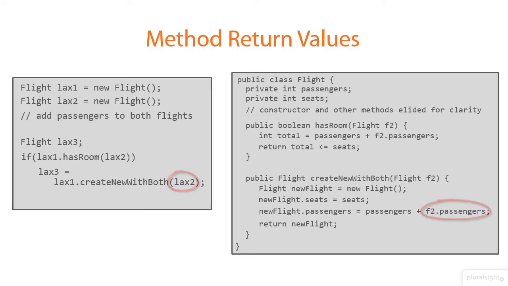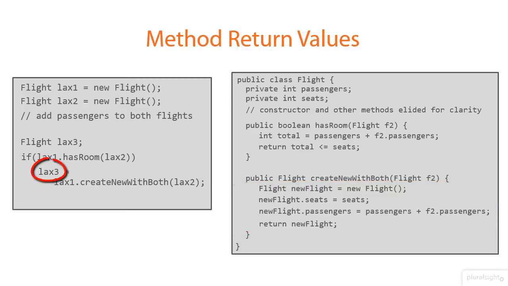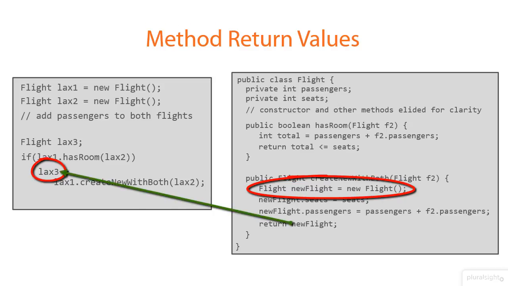So in this code, we go ahead and create that new flight instance, assign it the number of seats from lax1, the flight reference we were called against, and then passengers is set to the value of lax1's passengers plus lax2's passengers. And then we return back that new flight. So lax3 will receive a reference to that newly created flight instance returned back from the createNewWithBoth method.